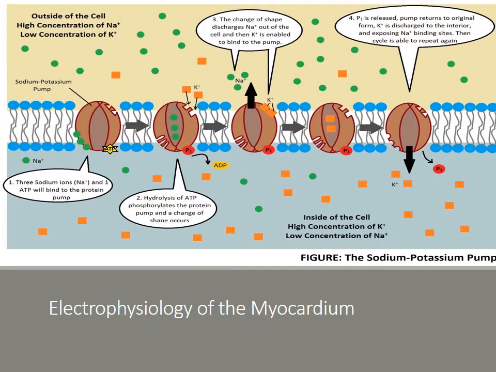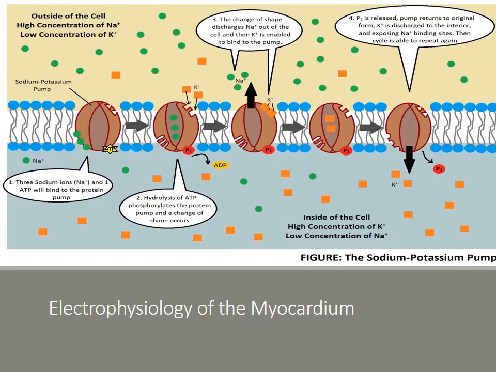So this shows how a sodium-potassium pump works. You can see in this first picture that sodium ions are binding to the protein pump. In this second one, a change of shape occurs.